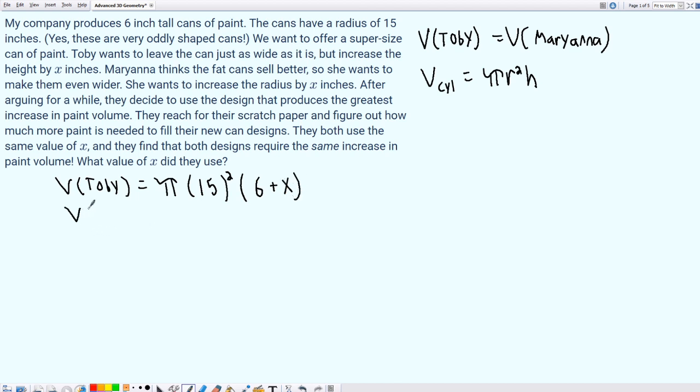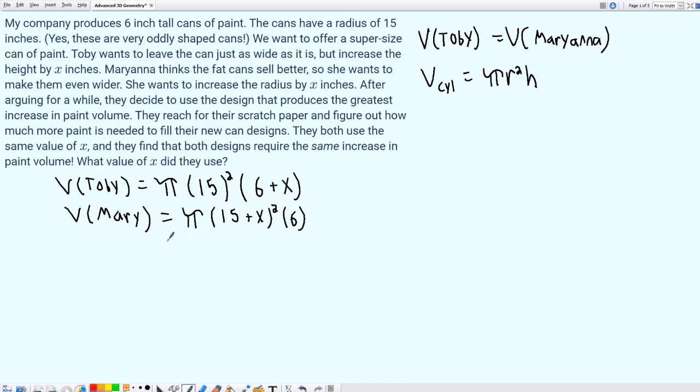Now we have the volume of Mariana's. I'm just going to put Mary, which is pi. Now, Mariana wants the radius to go even wider. So she is going to leave the height the same. But when we calculate the radius, we're going to take the default radius of 15 and add a value of X to that. But we're going to keep the height exactly the same.